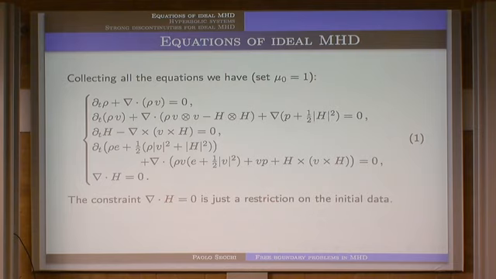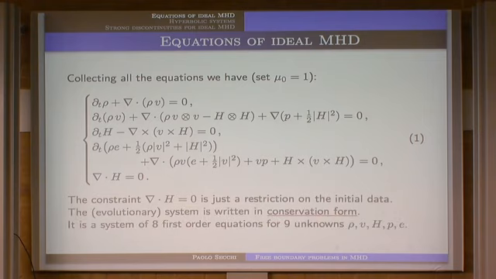So this is 0 at the initial time, and then it is 0 for all times. Okay, so this last equation will be only a restriction on the initial data. So we don't consider the last one. We take only equations with evolution in time derivatives.